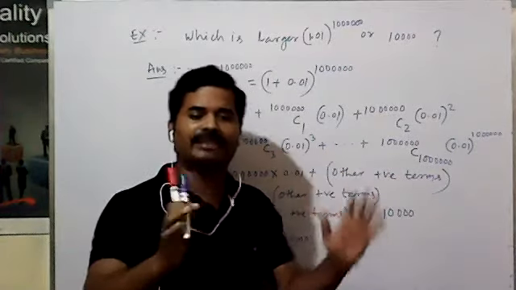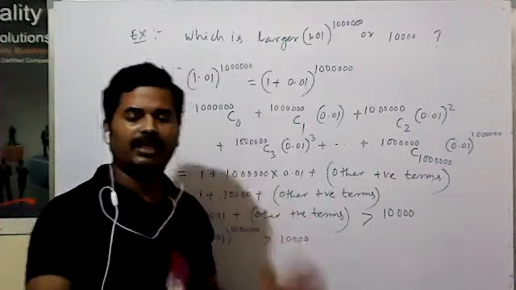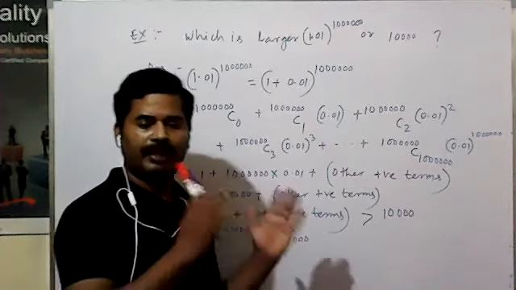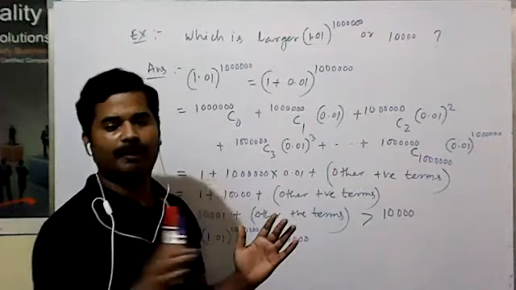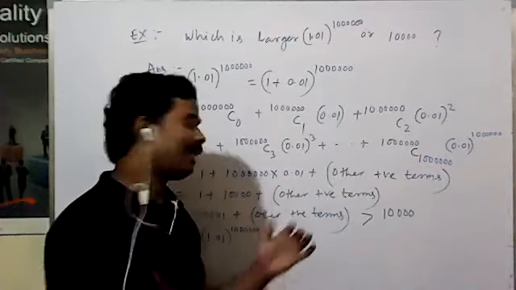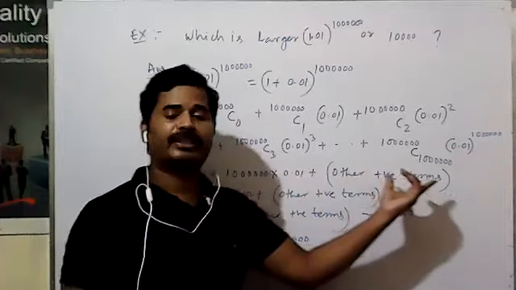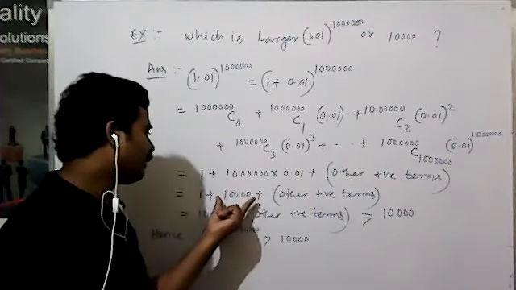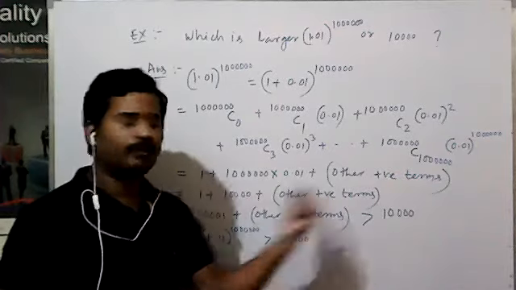If you add positive terms, the value will not decrease, it will not become less, it will only increase, that is why I wrote other positive terms. Then 1 plus the value comes 10,000 and other positive terms.